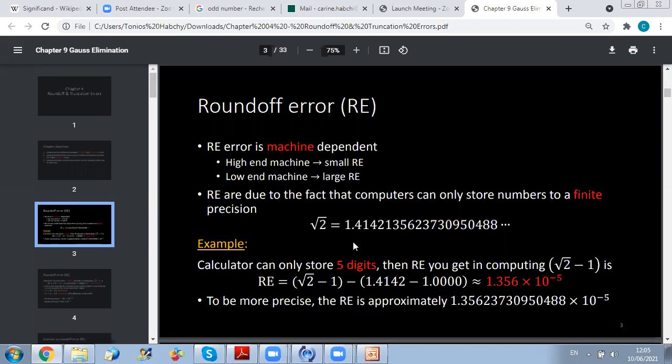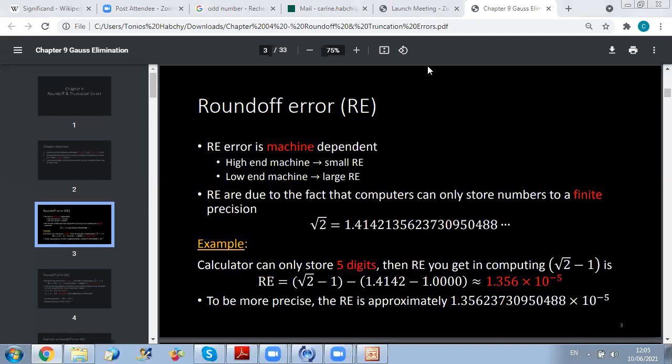Now we know that radical 2 is an irrational number, so it has infinite digits after the comma. It is 1.4142135 etc. This is why, depending on the precision of our machine, we will decide what the round-off error that will be induced is.